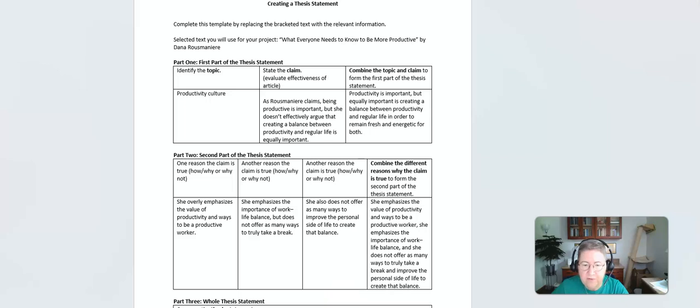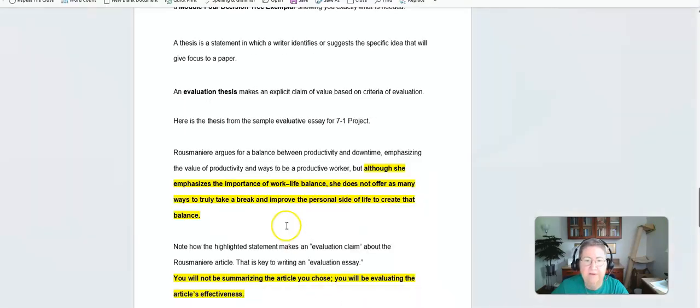Let me switch over to my highlighted thesis statement. All right, remember that a thesis is a statement in which a writer identifies or suggests the specific idea that will give focus to a paper. An evaluation thesis makes an explicit claim of value based on criteria of evaluation. Here is a thesis from the sample evaluative essay for 7-1 project.